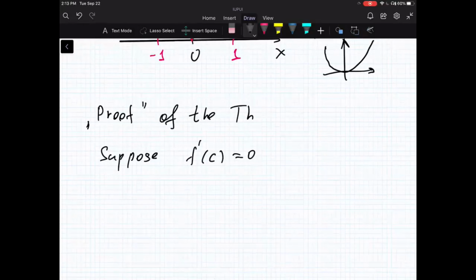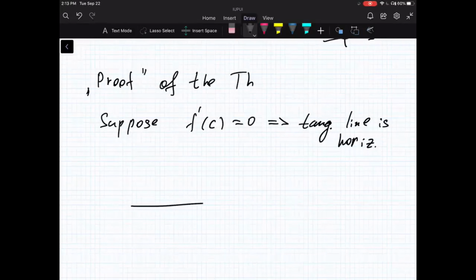Locally, that means that your tangent line is horizontal. So somewhere the tangent line is horizontal.